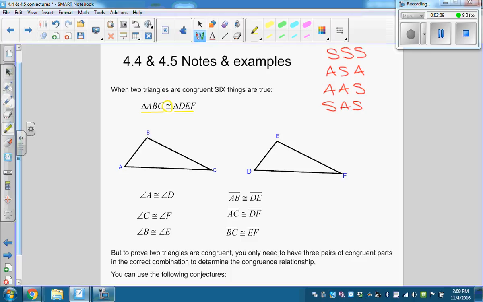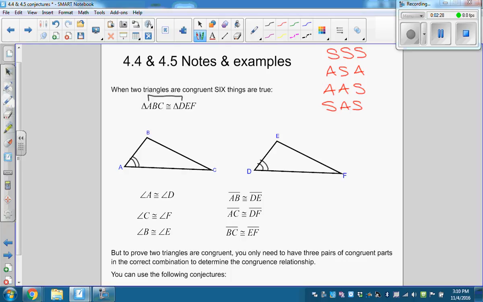And I believe in the beginning of the year we talked a little bit about this, like the correspondence relationship is important, like order matters. So angle A in this picture, let's try that again. Angle A and D are congruent. So do you remember this from the beginning of the year? Like the order mattered, right?